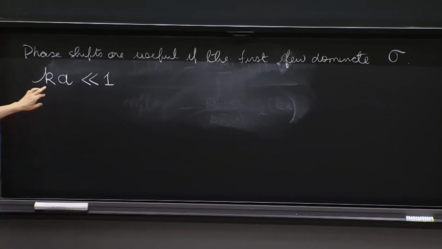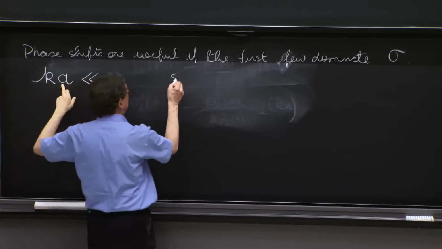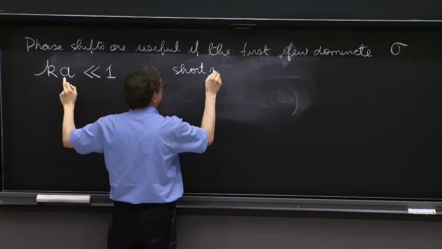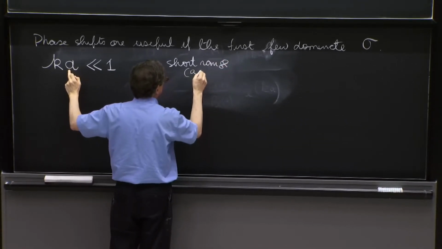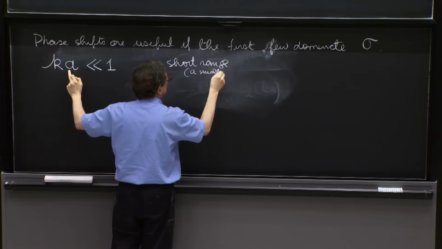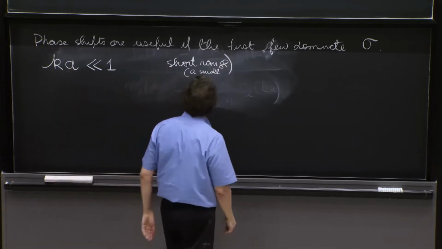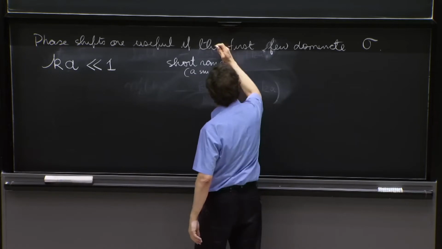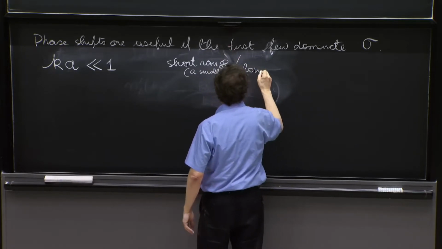Well, it could be that A is very small. So one possibility is short range, which means A small, compared to other scales that may be there in the problem. Or the other possibility is low energy.